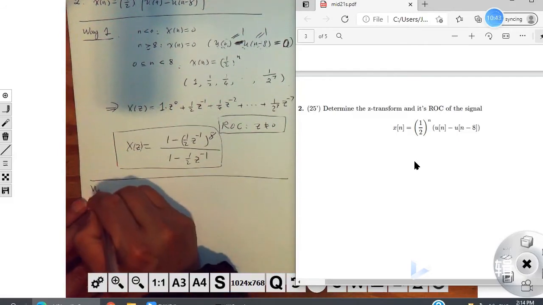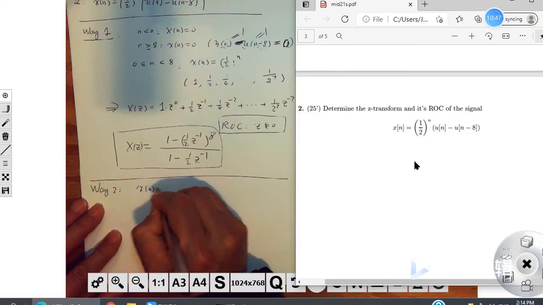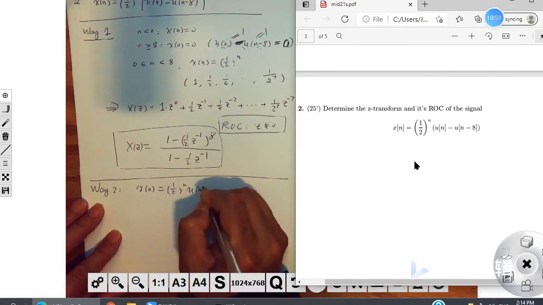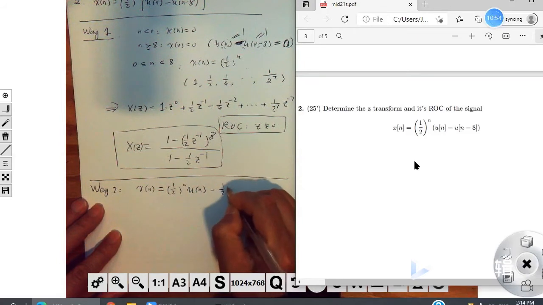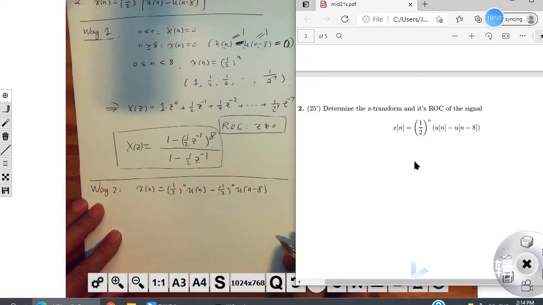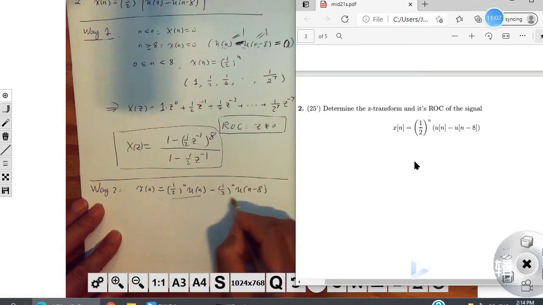Way 2, you can just use tables. You write this as 1/2 to the n u of n minus 1/2 to the n u of n minus 8. Then this one we can find directly from the table. And this one is shifted by 8, right? However, you see these two n are different. This n is shifted by 8, this n is just n itself.